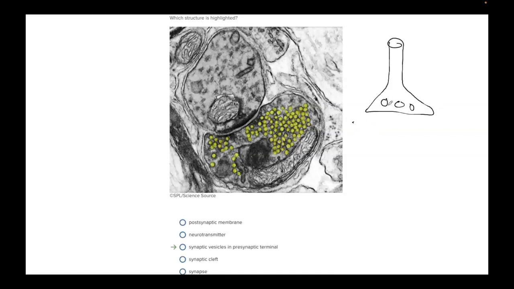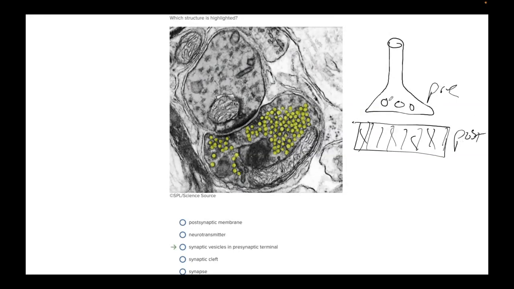If this is the synaptic end bulb, that's presynaptic. And the muscle that it would connect to, or the membrane here, would be postsynaptic, right? Pre is before, post is after. These neurotransmitters will have an impact on the postsynaptic membrane. So these are synaptic vesicles which contain neurotransmitters.